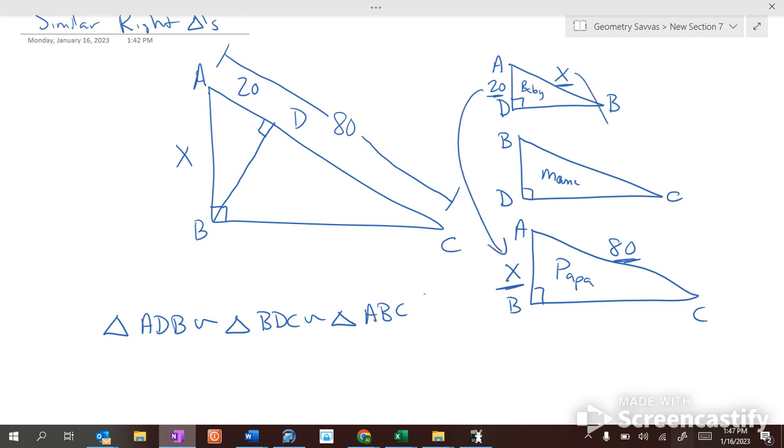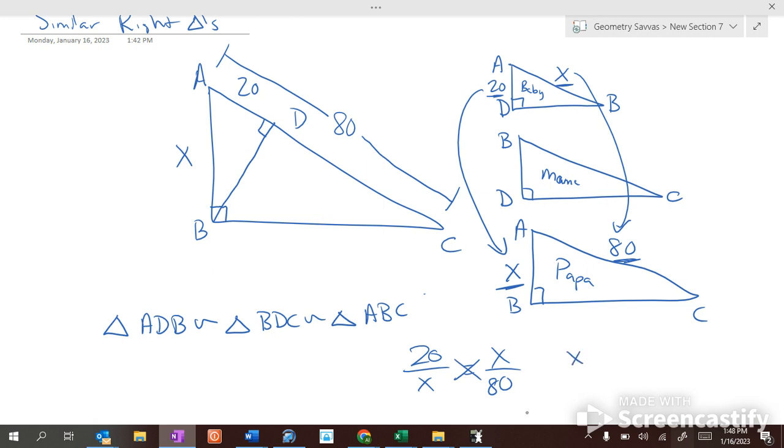20 over X equals X over 80. How do I solve proportions? Cross multiply.